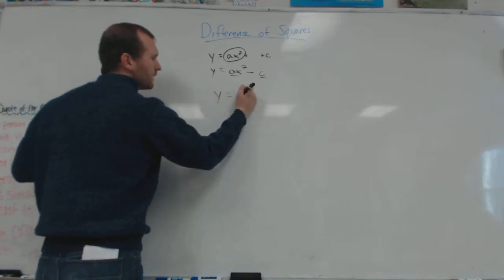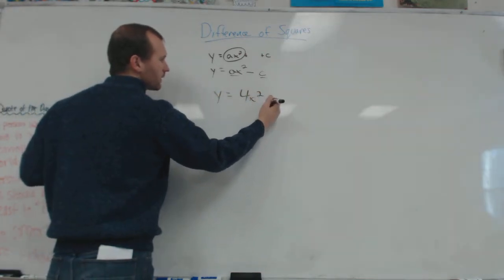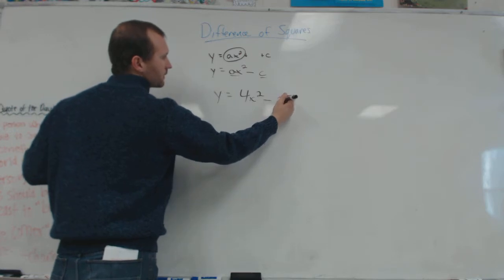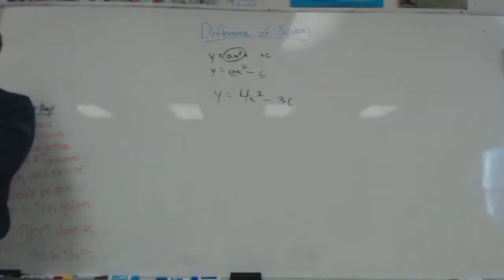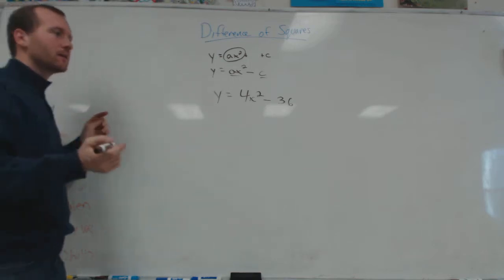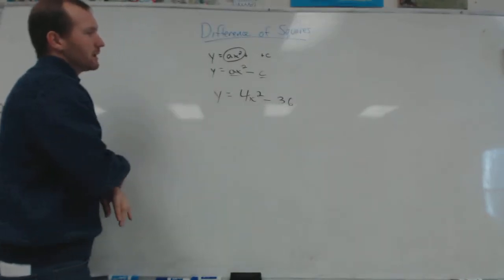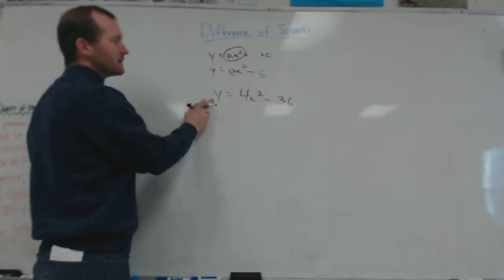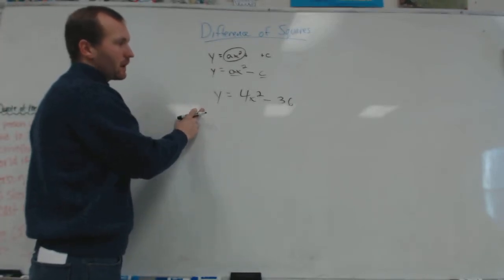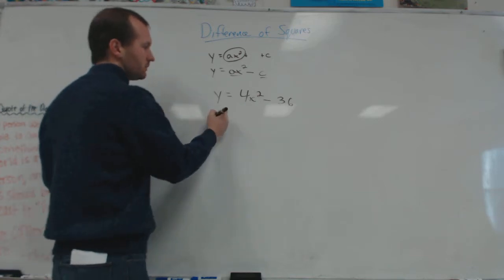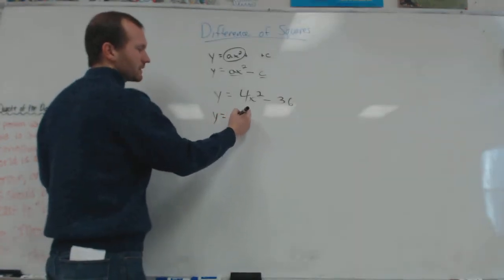Okay. What if I had this though? Y equals 4x squared minus 36. What are my factors? Okay, actually, so if we were finding the zeros, we could divide by 4. And we could pull out the 4, which actually is probably the best thing to do here.